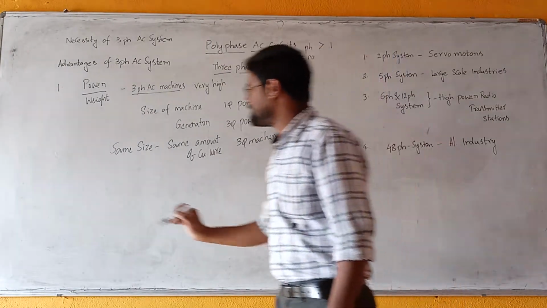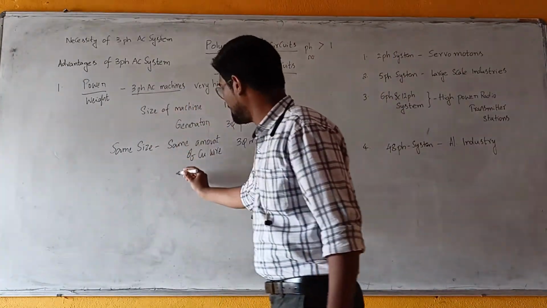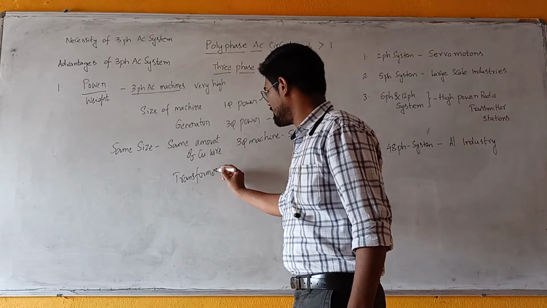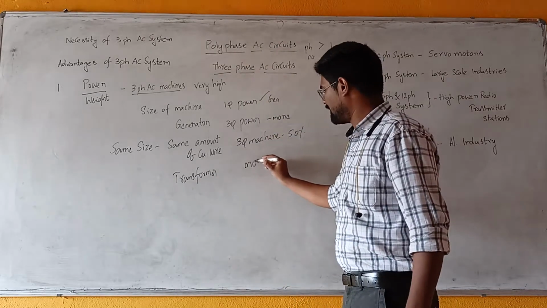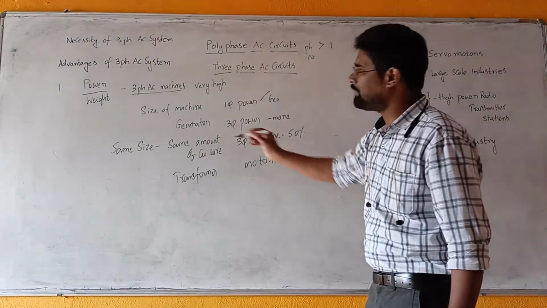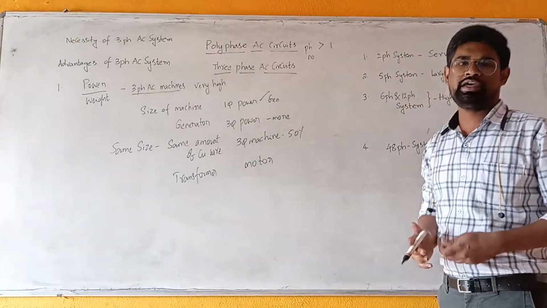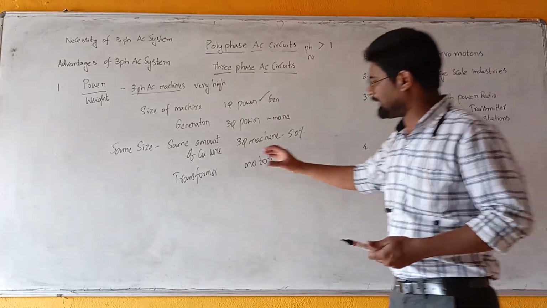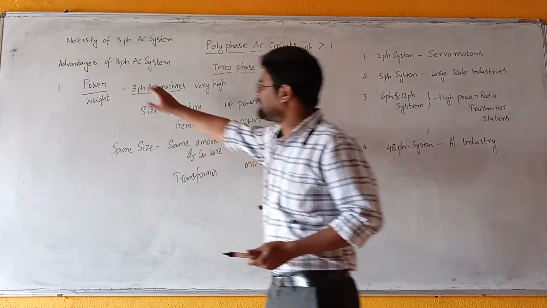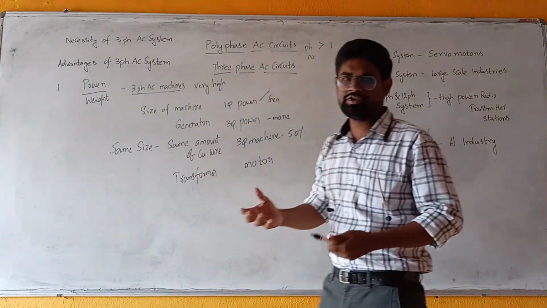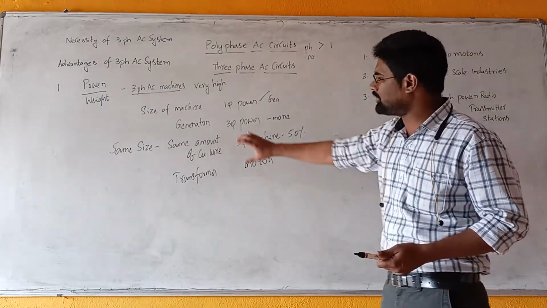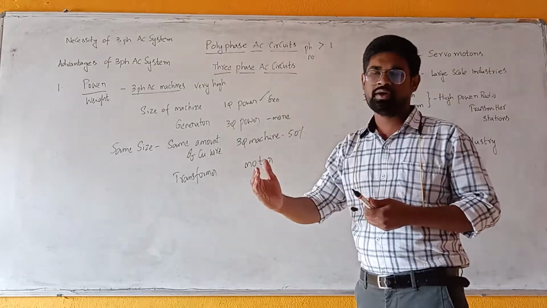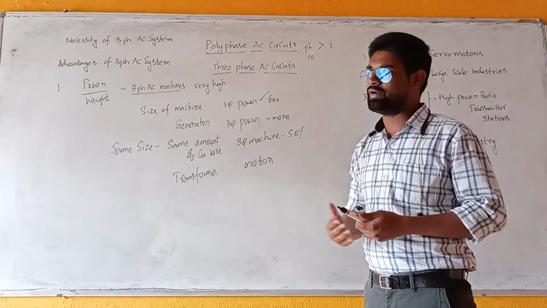What about other machines? The other machines are the transformer and the motor. These are the three important machines we use in AC systems: generator, transformer, motor. For the transformer also the power to weight ratio is very high, which means that for the same amount of copper wire, a three-phase transformer can transfer more AC power.